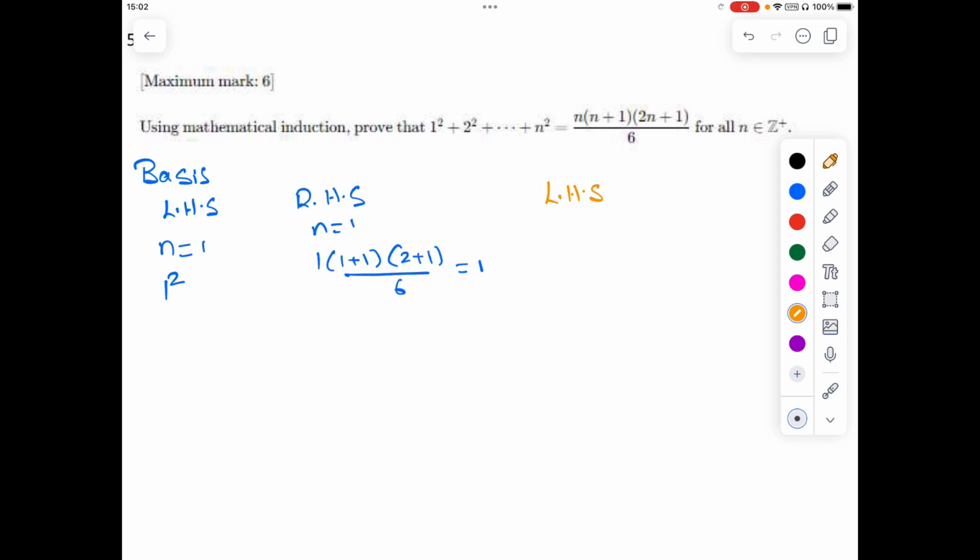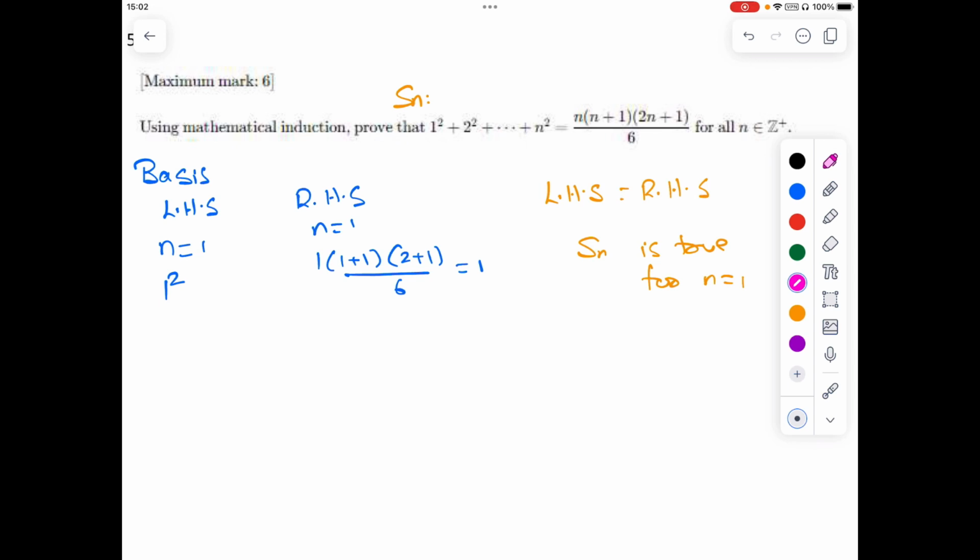The statement is true for n equals 1. So we can write this as Sn. Sn is true for n equals 1.